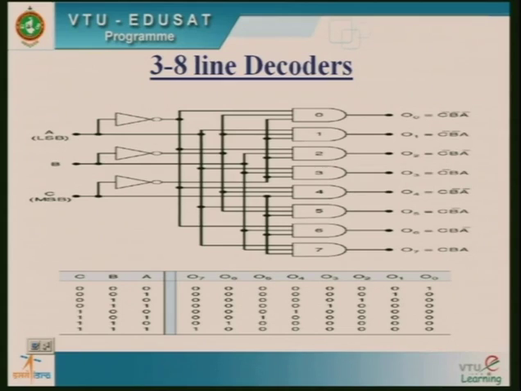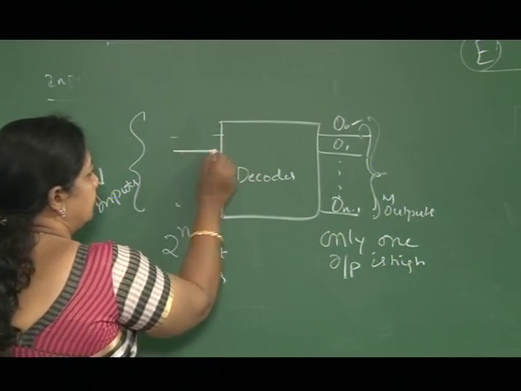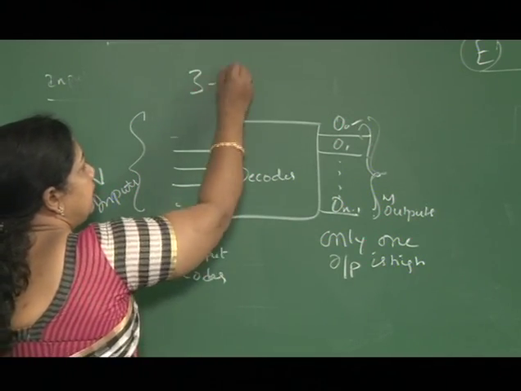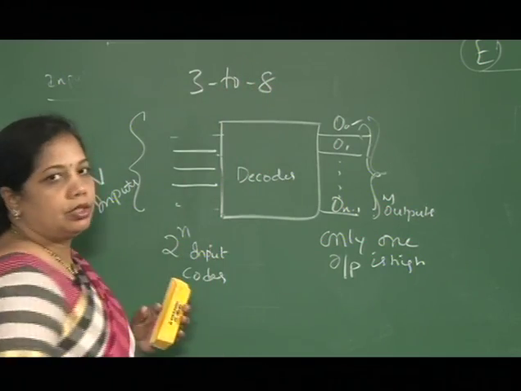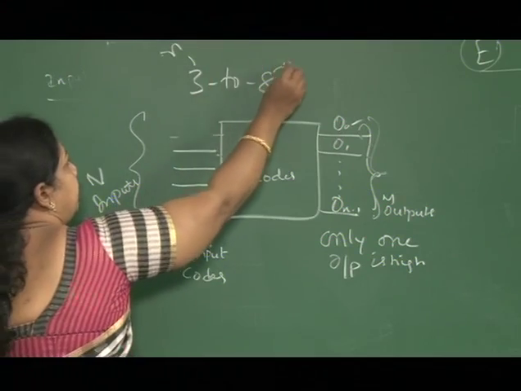I am taking an example of a 3:8 decoder, a 3 to 8 line decoder, where we have n inputs and m outputs.